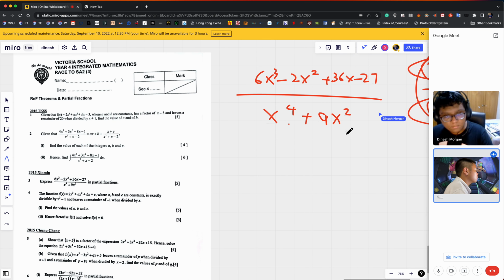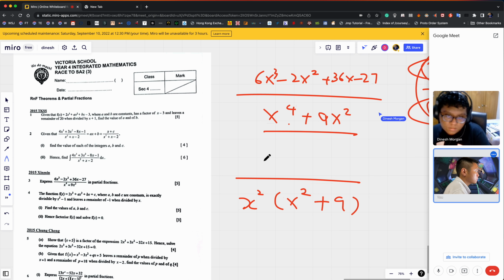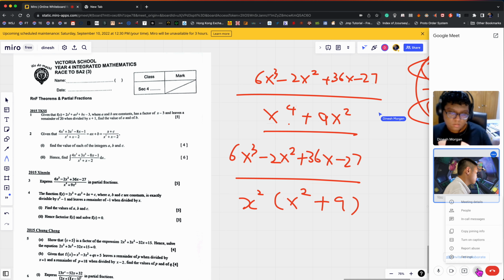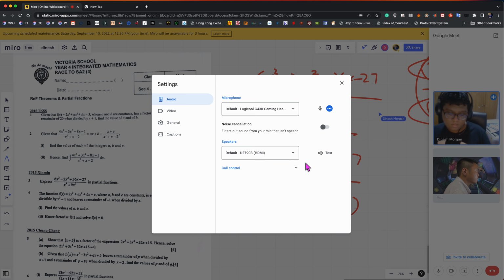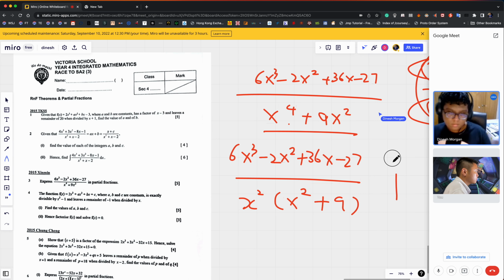Then you don't have to use long division. You just go straight away. I think you see an opportunity to factorize the bottom term, right? So you can see x to the power 2 plus 9. And what's next?